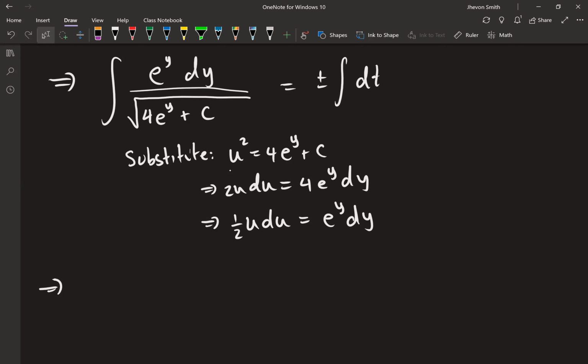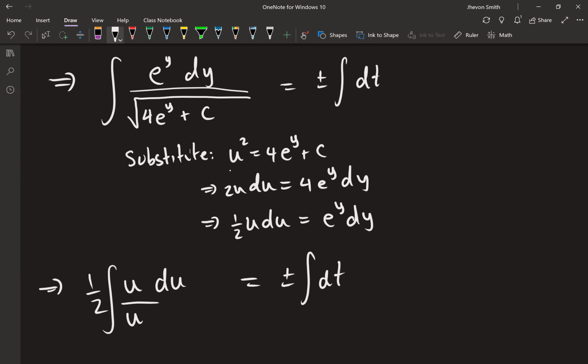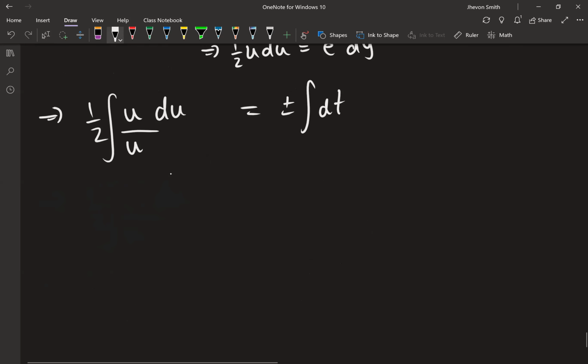And so I would plug that in. So I have 1/2 u du. That replaces the e to the y. The radical of 4e to the y plus c, well, that's just u by my substitution. So this cancels. So it's just 1 du. So the integral of that is 1/2 u plus c.